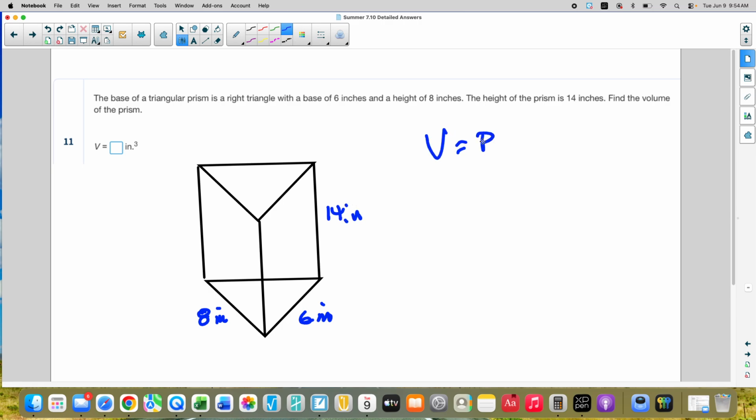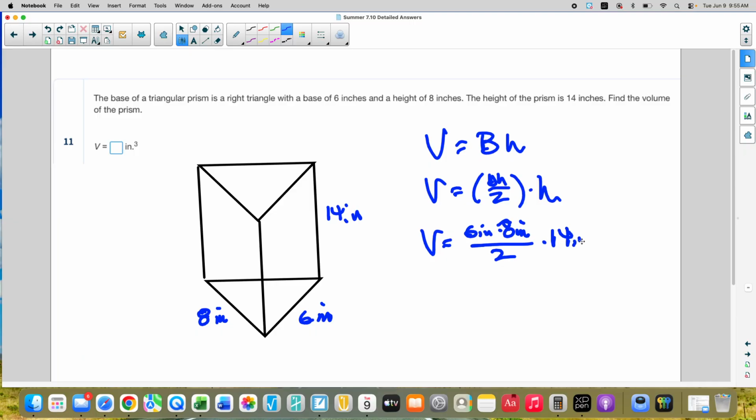Volume equals big B times H. My base shape is a triangle. Base times height divided by 2 times the height of the object. 6 inches times 8 inches divided by 2 times 14 inches. We can cross cancel these because it's still multiplication. And 6 times 8 is 48.